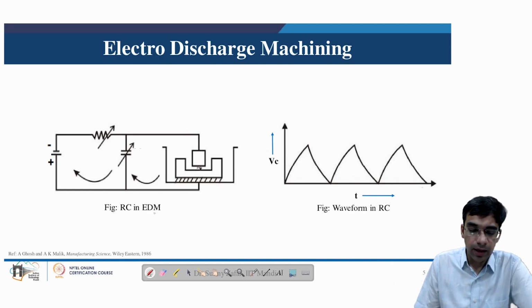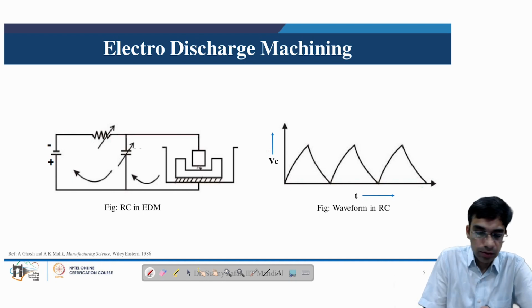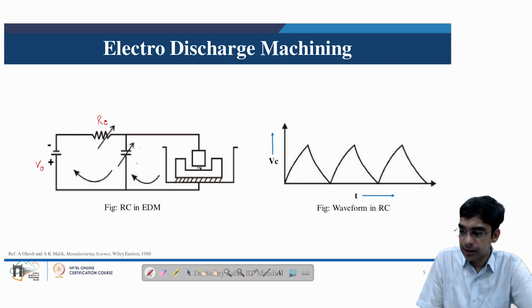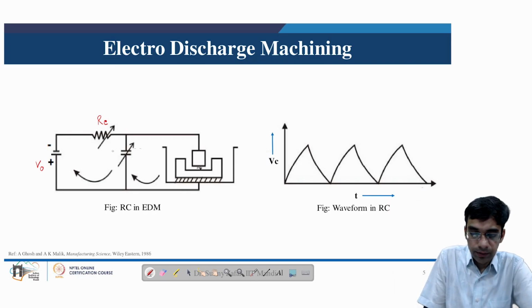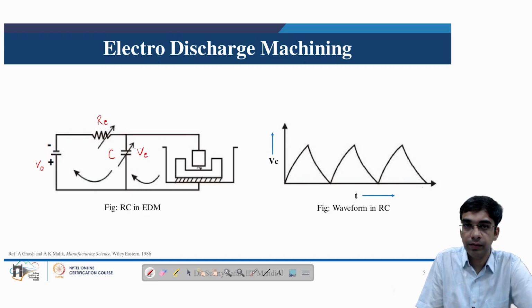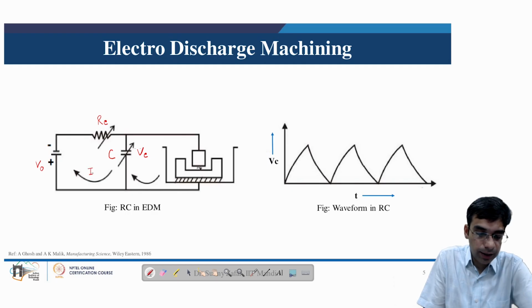Here we can see how the RC circuit is now utilized in electric discharge machining. Here also we have the voltage source V0, the variable resistance RC, then we have the voltage supplied by the capacitor C, which is denoted by VC, and then we have the current flowing through the capacitor and the discharge current ID.